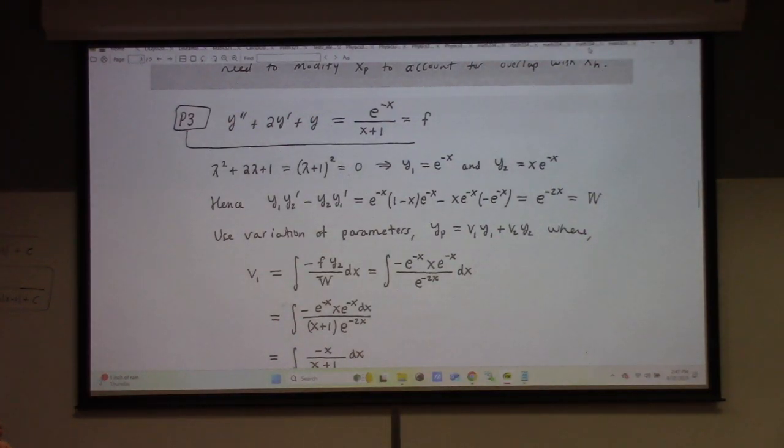You want to use variation of parameters when your differential equation is equal to something that's not easy to simplify or annihilate. So on this one, it's e to the negative x over x plus 1, and that's not a very pretty thing to annihilate, so it's easier just to do variation of parameters.